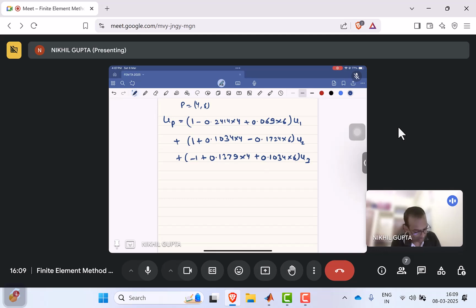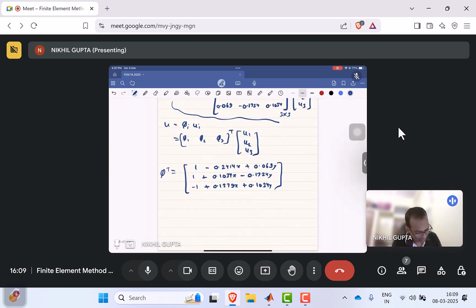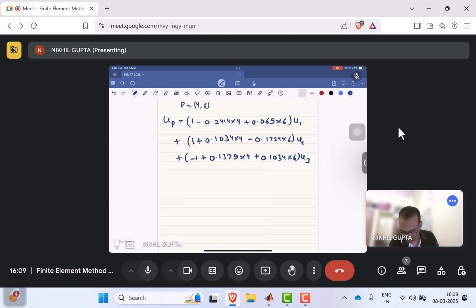I have done nothing, just substituted the values of x and y in this and multiplied with u1, u2 and u3. So you have got this solution.